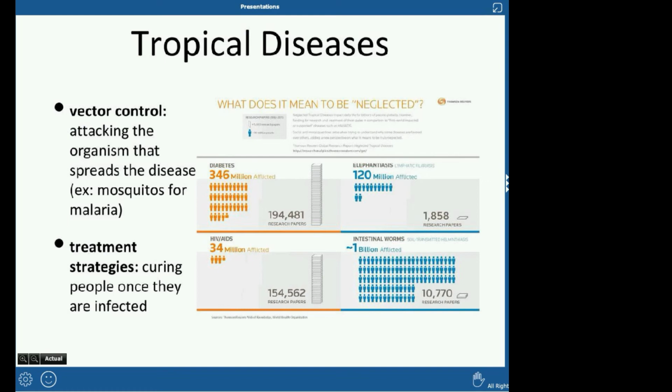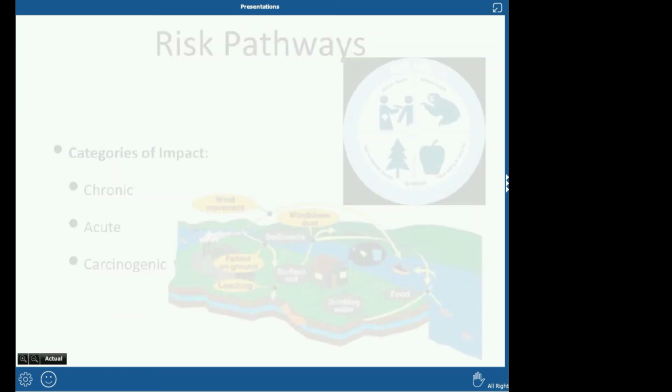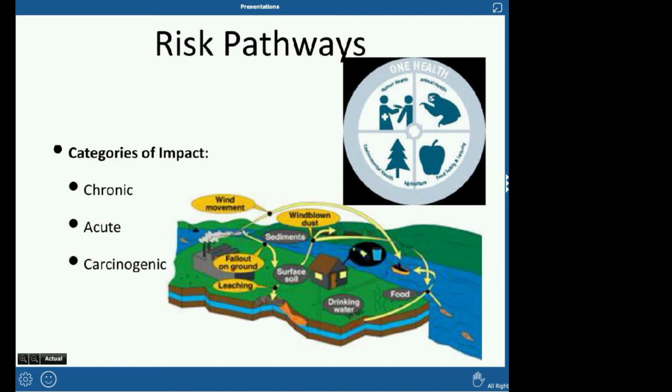A treatment strategy would be trying to cure people once they're infected. So instead of controlling the vector, let's say the mosquito, you get malaria, and then your symptoms are treated. That would be a treatment strategy, basically trying to cure you once you've already gotten the illness. Vaccines would be a type of vector control.